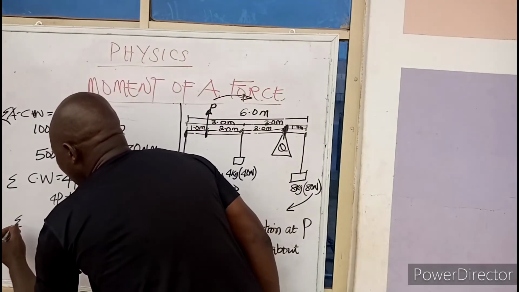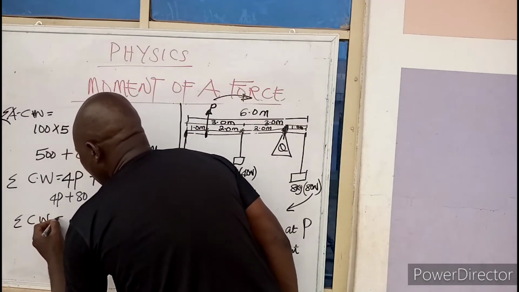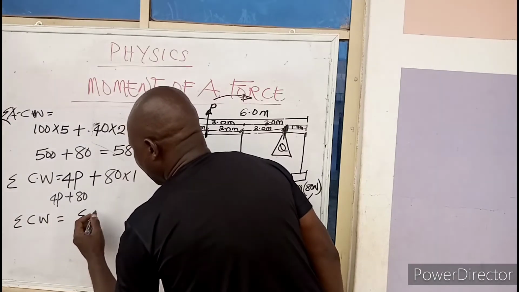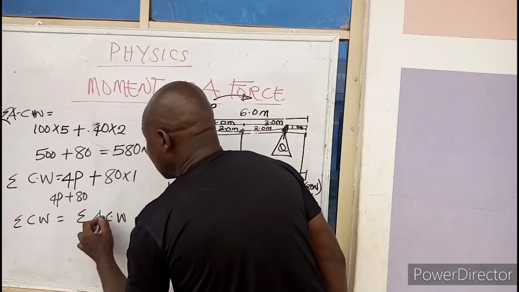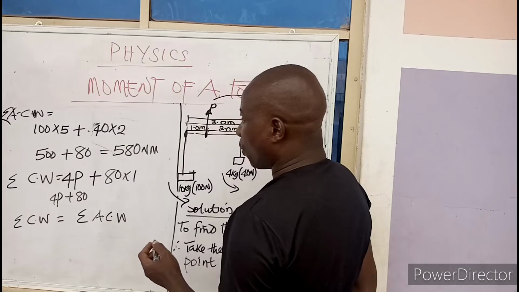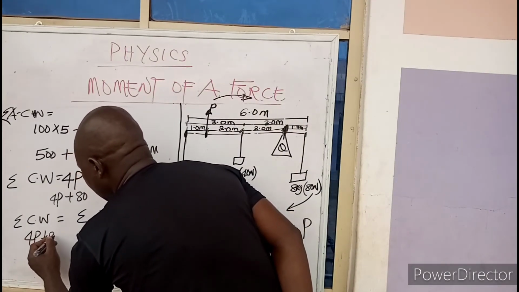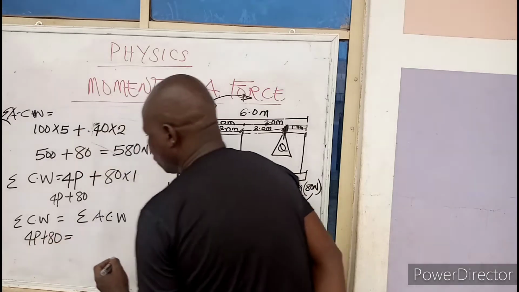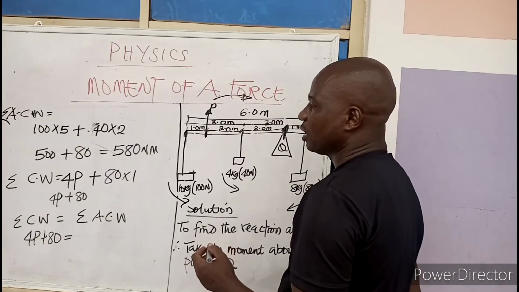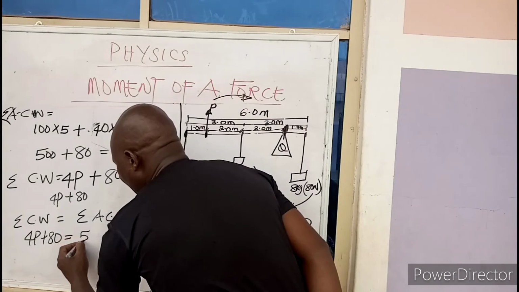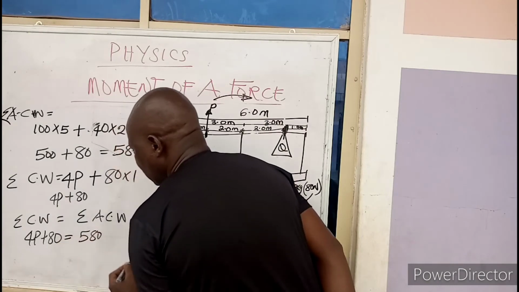From the principle of moments, summation of clockwise moment must be equal to summation of anti-clockwise moment. What's my clockwise moment? That is 4P plus 80 is equal to, what is my anti-clockwise moment? That is 580.